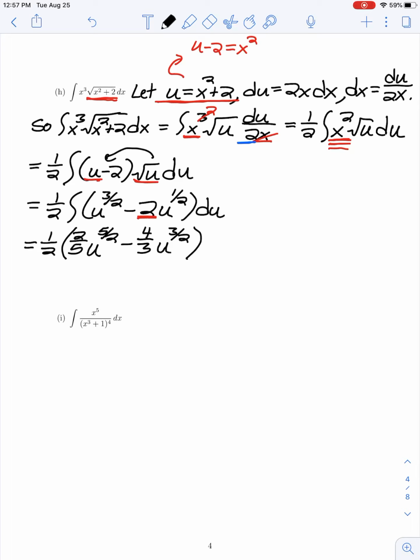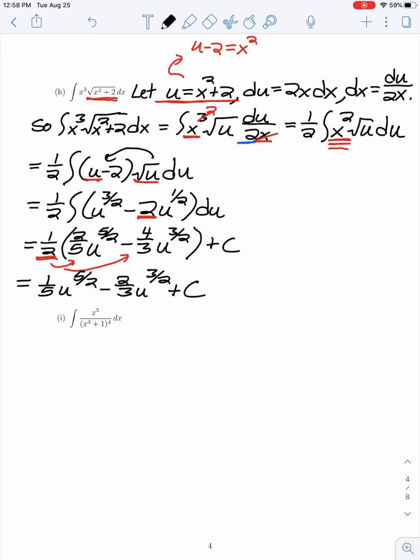And at this stage, once I've found my antiderivative, I can include the plus c for my constant of integration, and we're almost done. Let's simplify just a bit further. Taking my constant factor of 1/2 out in front and distributing to each term, I have 1/5 u to the 5/2 minus 2/3 u to the 3/2 plus c.